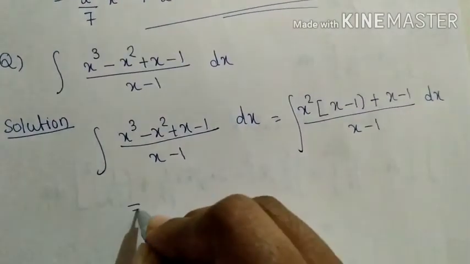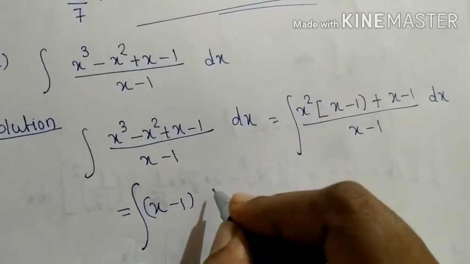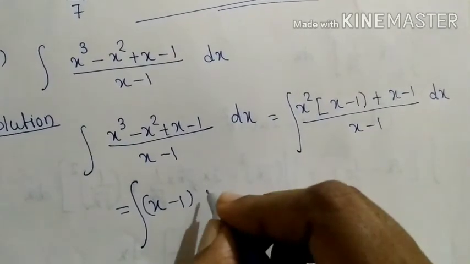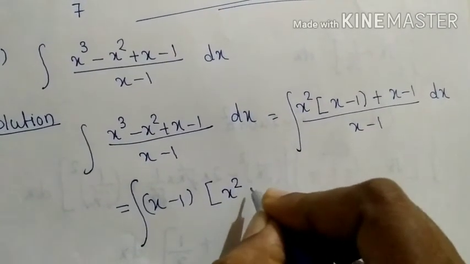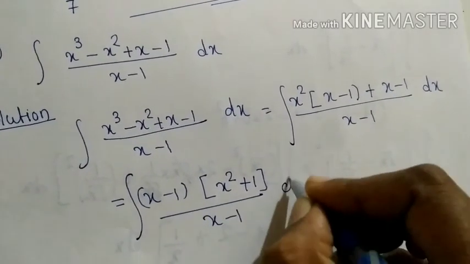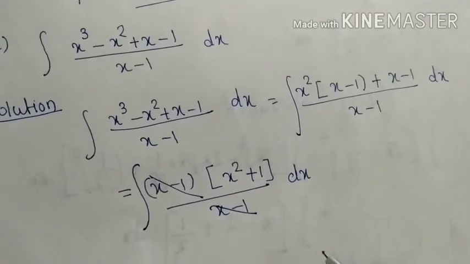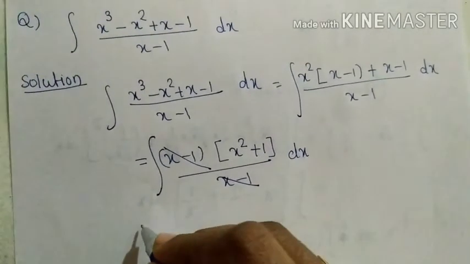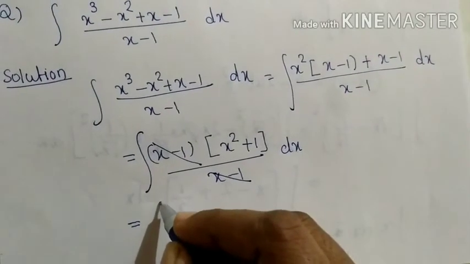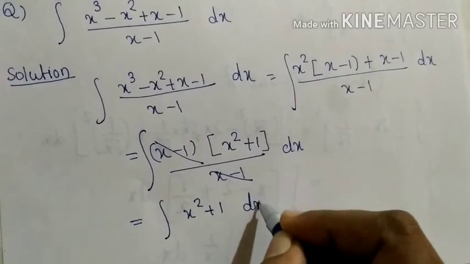So taking x minus 1 outside from this numerator, we get integral x minus 1 into x square plus 1 whole divided by x minus 1 dx. And these two x minus 1 will cancel each other and our question becomes integral x square plus 1 dx.